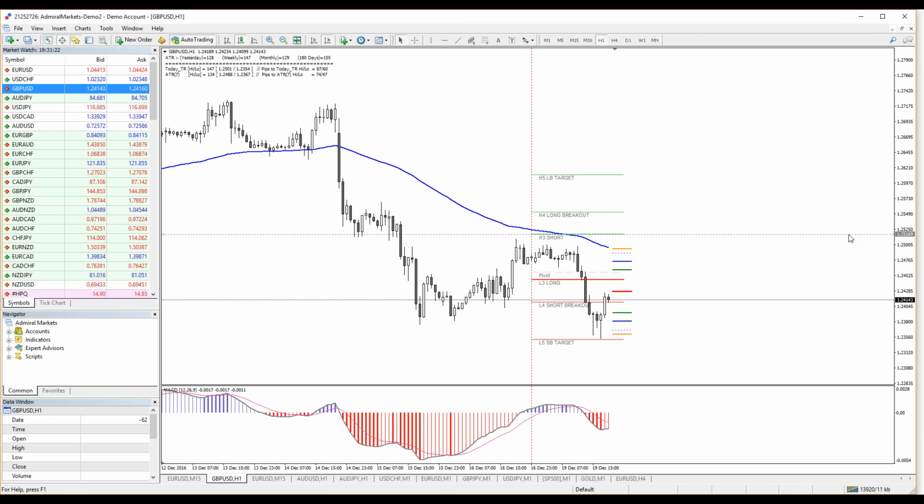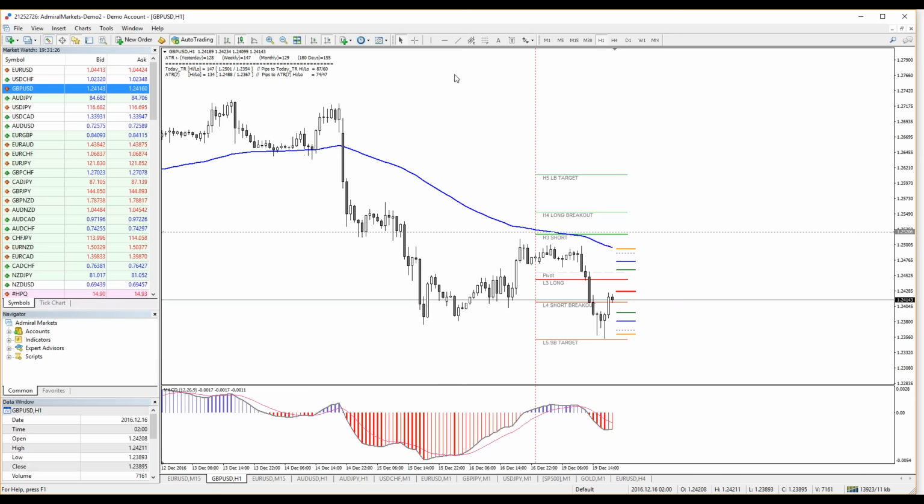Let's say 25.20. This zone here should be good for a short entry. If you see that the price is like 15 pips from the zone, you can still enter, of course, but enter with a smaller position. Then if it goes there, you can add.